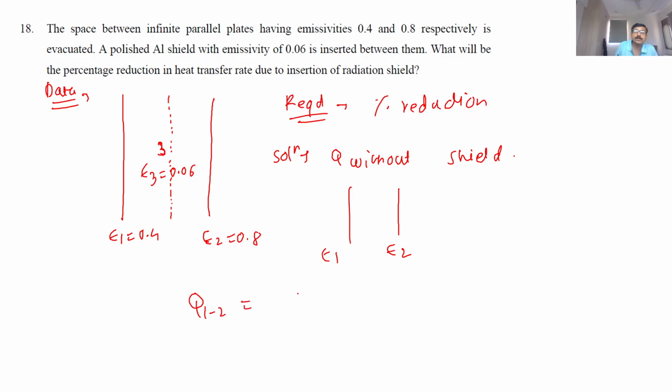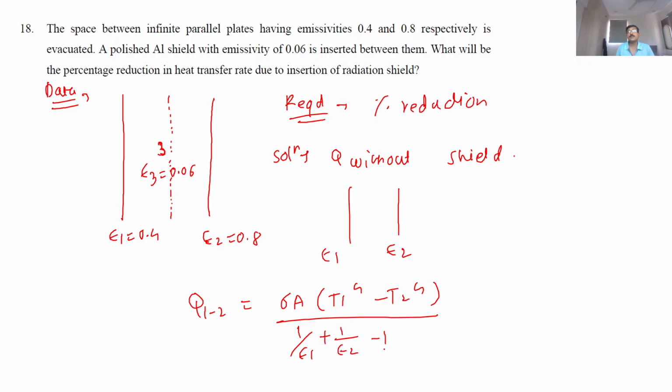Q1 to 2 is equal to sigma A T1 raised to 4 minus T2 raised to 4 divided by 1 by epsilon 1 plus 1 by epsilon 2 minus 1. This is the formula for radiation heat exchange between two flat surfaces, without any shield. Only two surfaces are there and they have emissivity epsilon 1 and epsilon 2. This formula we have seen in the last problem also. So again we are repeating it.